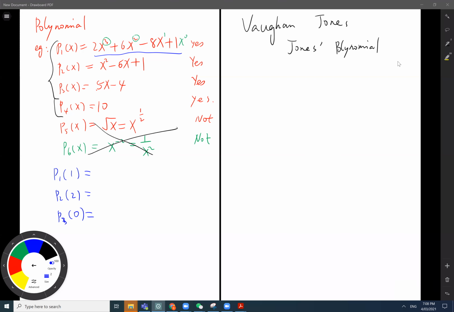Qi Tian Xiaosheng, what's P(11)? 1. Very good, because it's 2 plus 6 minus 8 plus 1, just 1. Jason Luo, what's P(22)? 2 squared, 6 times 2, 4 minus 12, minus 7, right?